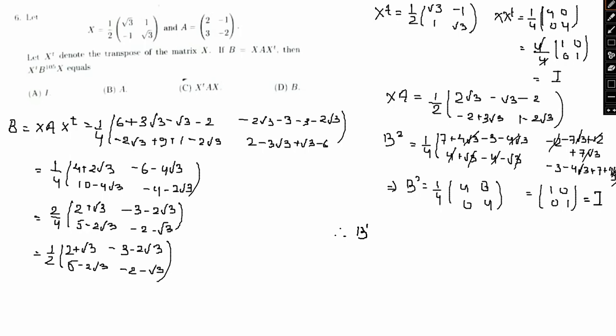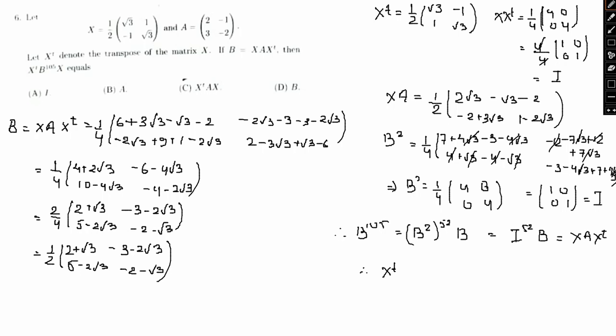So if we take a look at B^105, this can be written as B square to the power 52 into B. So that is B^105 or I^52 B. Okay, this is nothing but X A X^T.